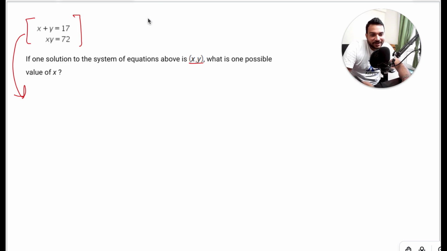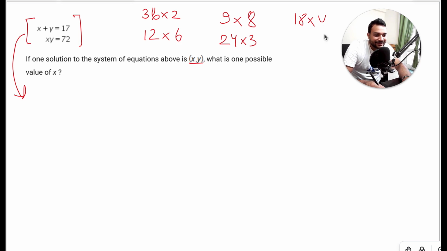There are just so many numbers which get 72: 36 times 2, then 12 times 6, 9 times 8, 24 times 3. What I'm trying to hint is 9 times 8, and x plus y, 9 plus 8, is 17.